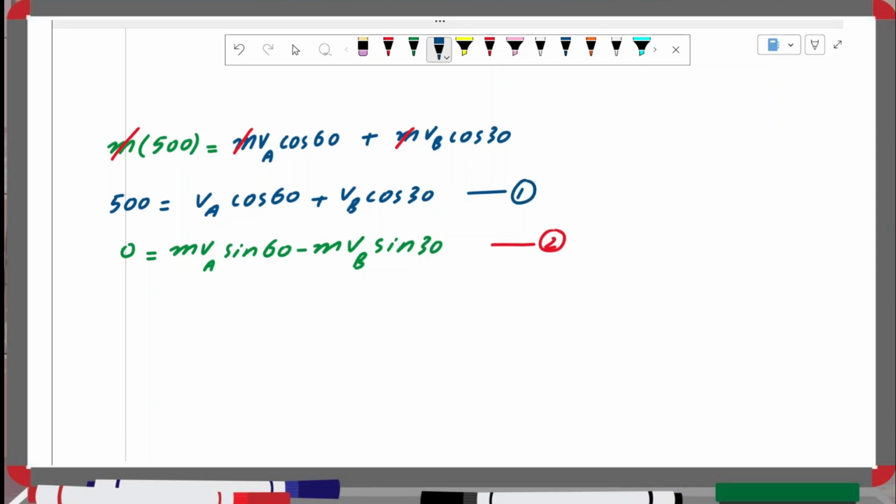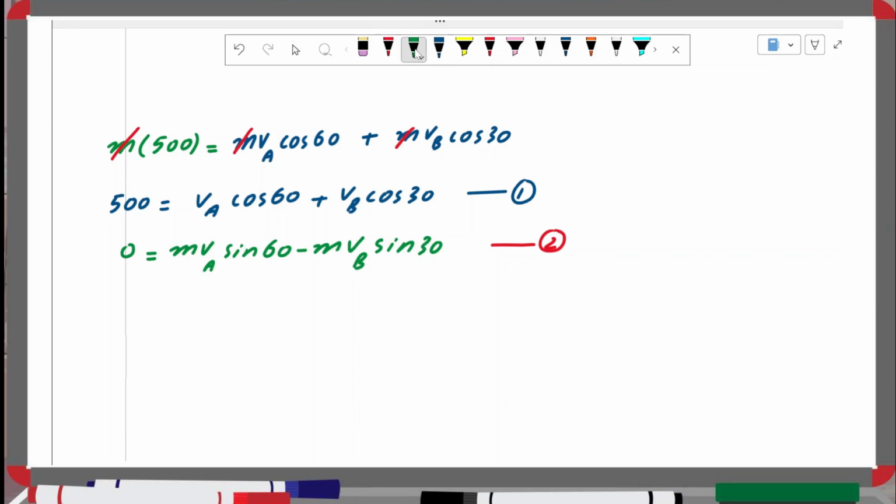Meanwhile, I can cancel off mass in equation number 2 as well. How do we do that? Just take mass common from the right side in this one and shift it to the left side. 0 divided by mass would be 0.